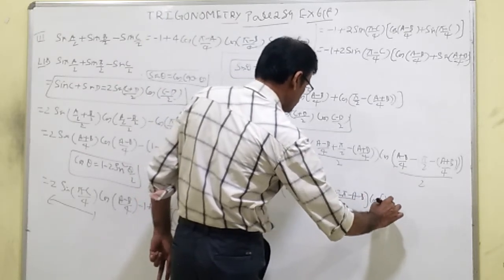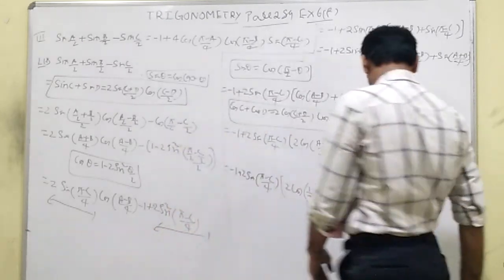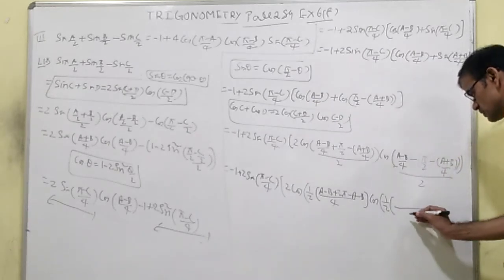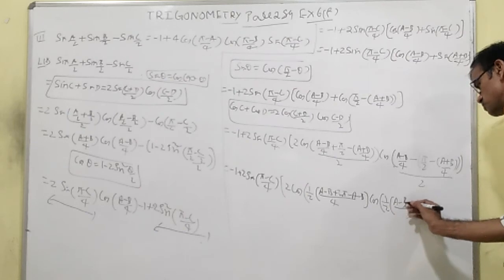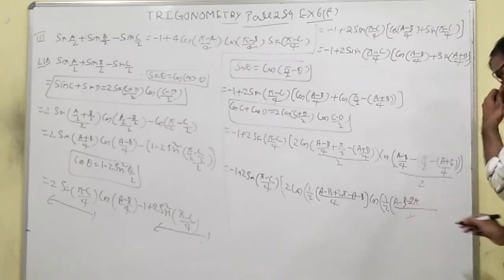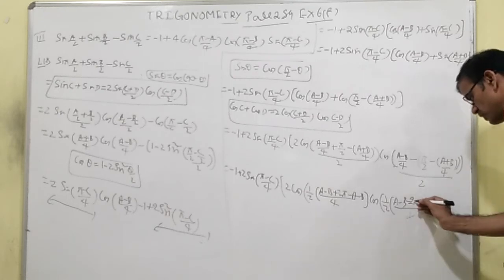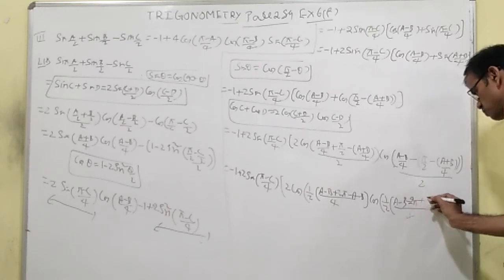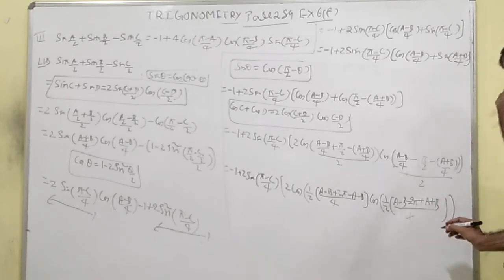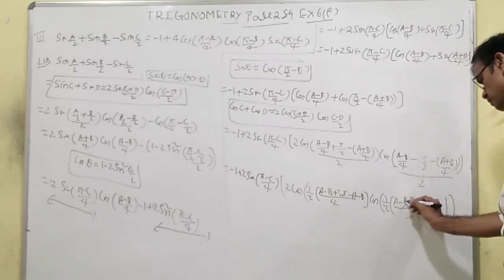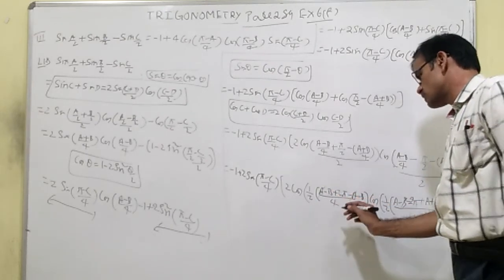In the similar way, put here 1 by 2 as a common and take LCM here 4. Now you can write this is a minus b. This is minus 2 pi. Minus of minus becomes plus. This is pi a plus b. Here minus b plus b get cancelled. Here a minus a get cancelled.